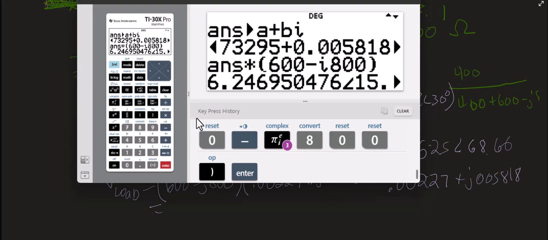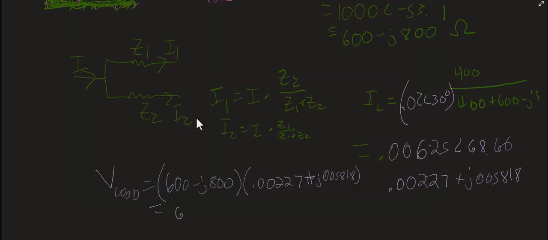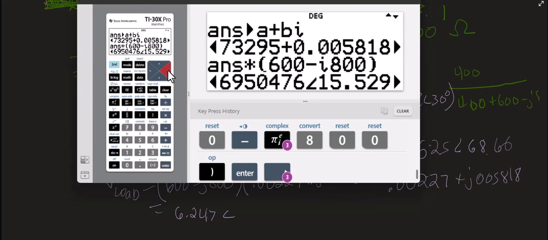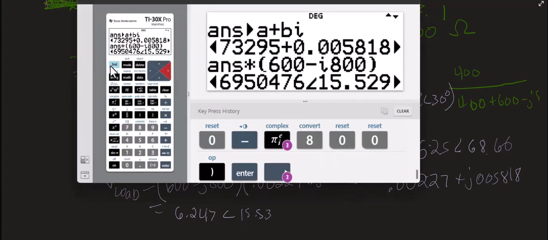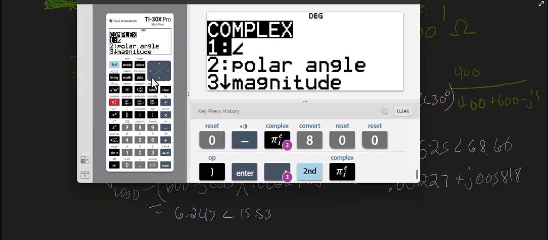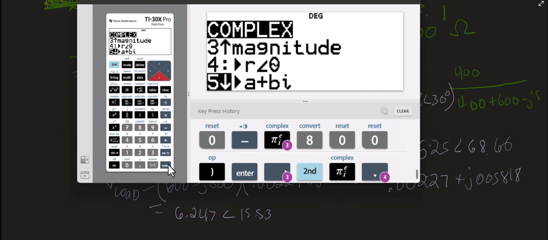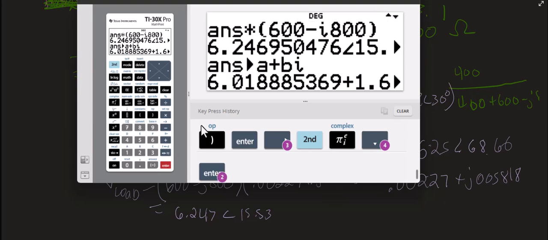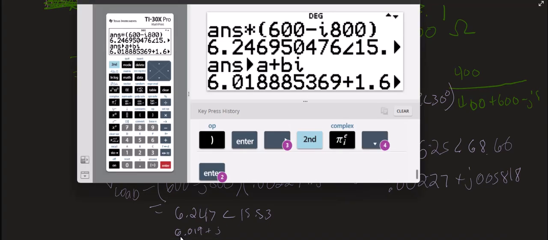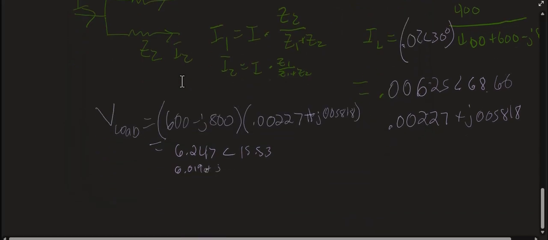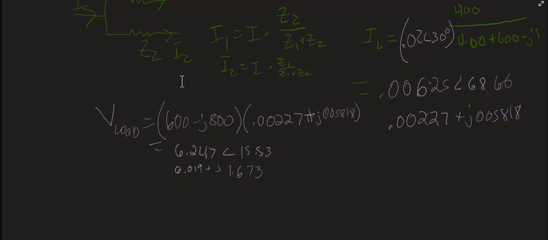And I get 6.247 angle 15.53, and in rectangular, just in case I want it, 6.019 plus j1.673 volts.